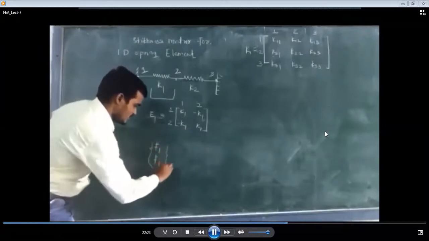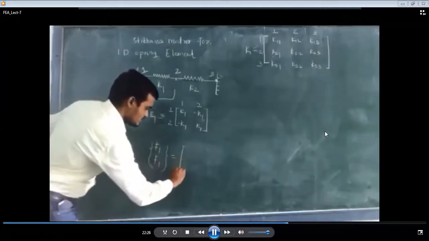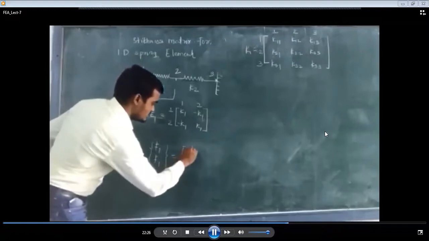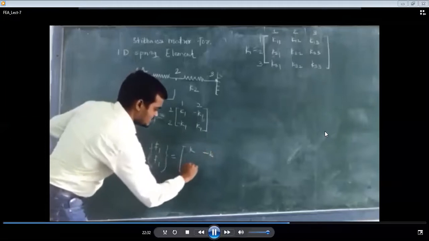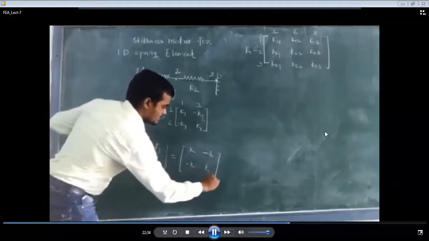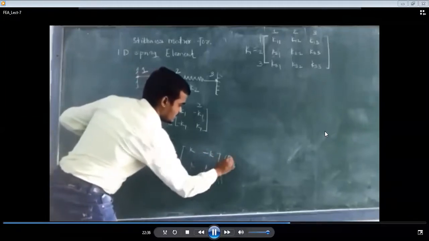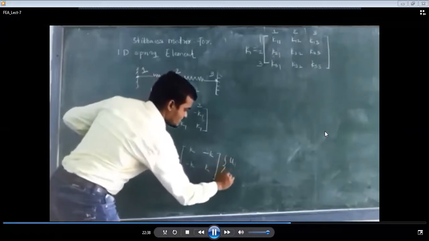Actually, we have derived this elemental stiffness matrix from our force equations. These are the force equations, the relationship between the force vector and displacement vector, and from this you can write the elemental stiffness matrix for the first element.